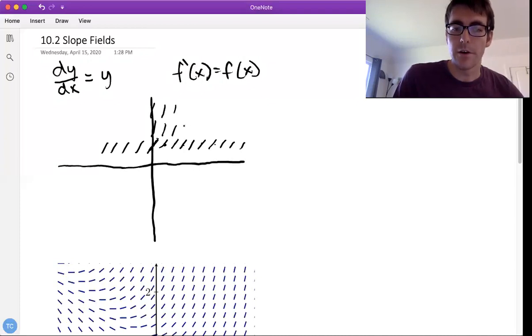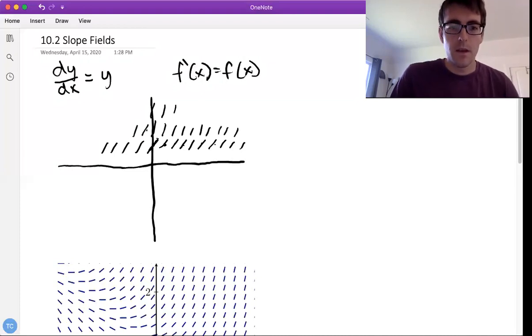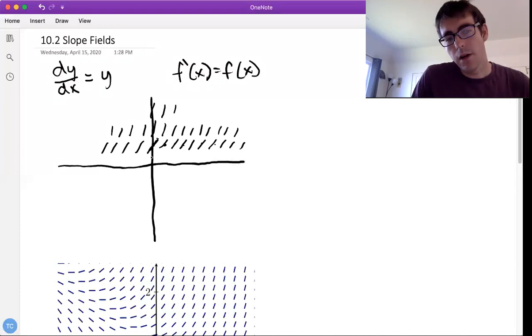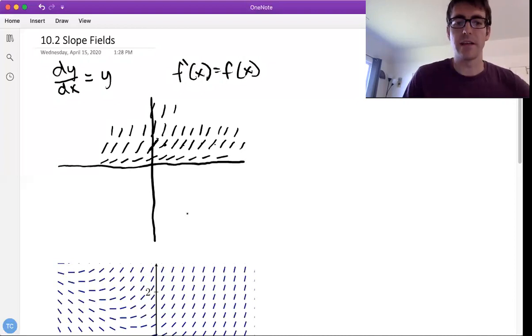This starts getting harder and harder to draw, but the general idea is that the slope is only a function of what the y value is. As we get closer to 0, these slopes are going to get flatter and flatter. I'm already regretting making this as big as I did. But the general idea is that the slope is whatever the y value is.